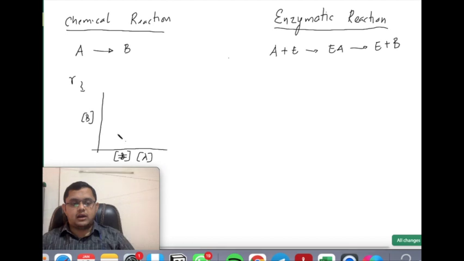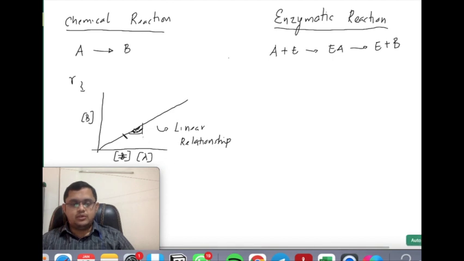If you correlate these in a chemical reaction, you may expect a line like this. This line is a linear relationship, and the slope of this line is always a constant.